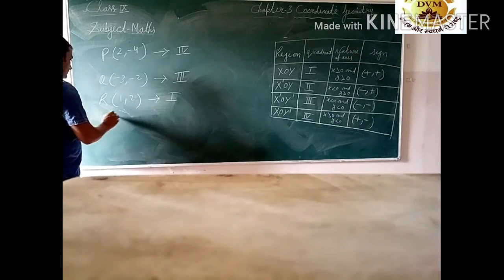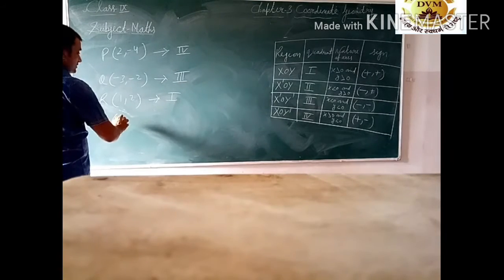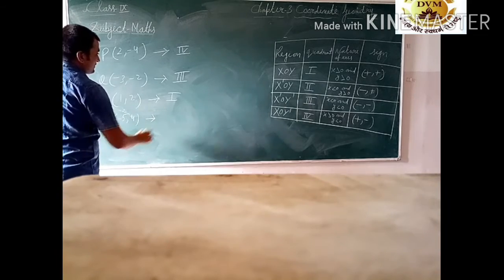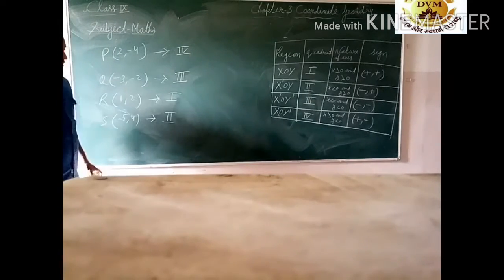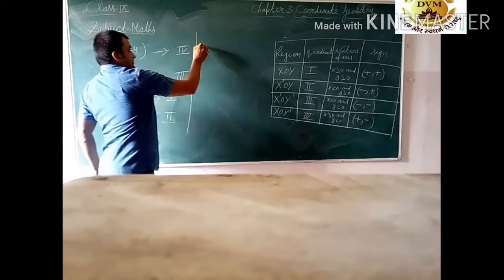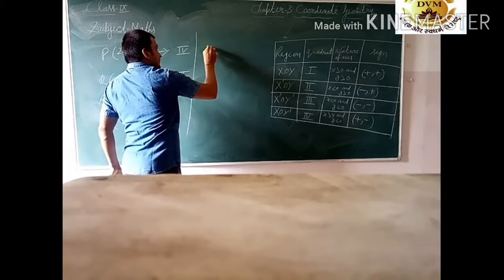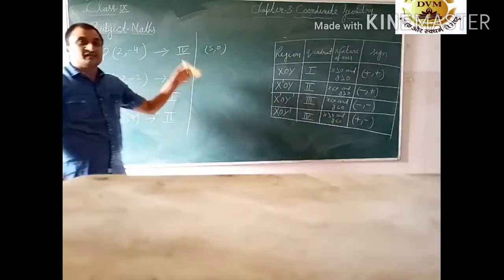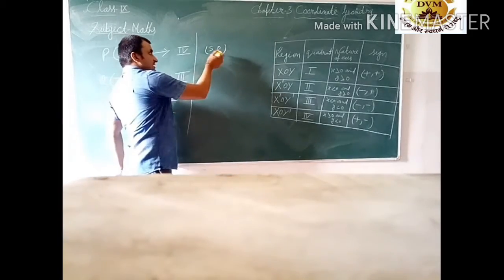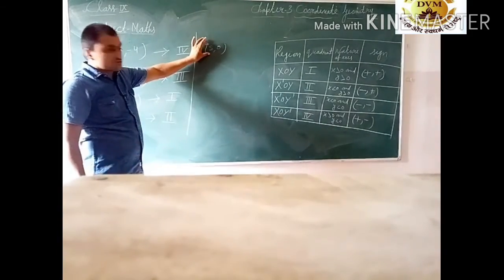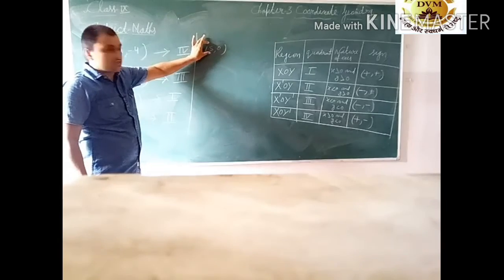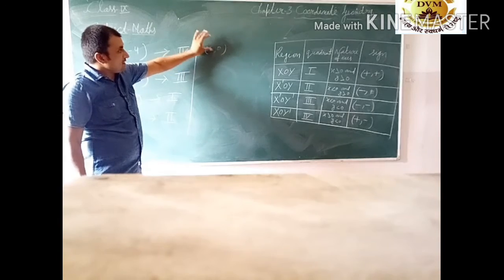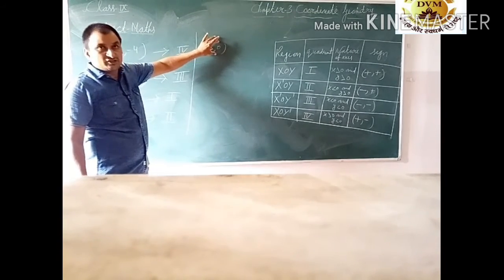Now point S (-5, 4) lies in second quadrant. Or (-5, 0), on which axis does it lie? Here you can check the value of x coordinate, or abscissa, is -5 and the value of y coordinate, or ordinate, is 0.